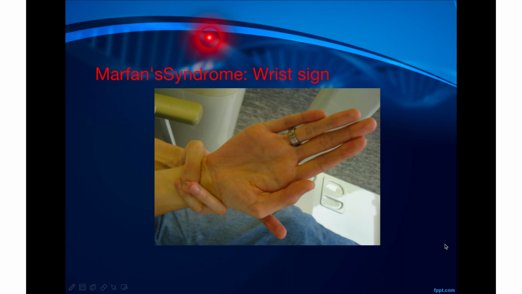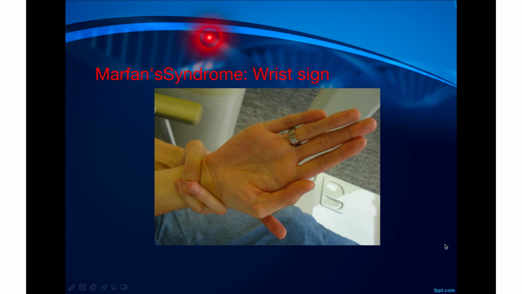So the next, we're going to be looking at the wrist signs. The wrist sign is usually used in clinical practice to find out if a patient has Marfan syndrome. The patient is able to wrap their thumb and their third and fourth fingers around the wrist, and as you can see, the pinky finger literally wraps all around.